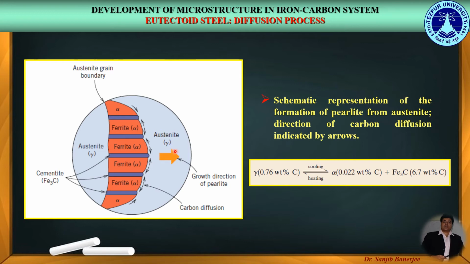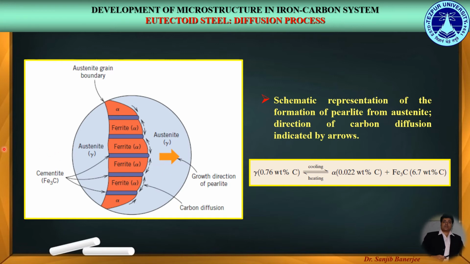As we can see, due to the carbon diffusion from the ferrite to the cementite phase, as this pearlite phase is growing in size, it is growing towards the unreacted austenitic phase to cover up the same, and we get this growth direction of pearlite.